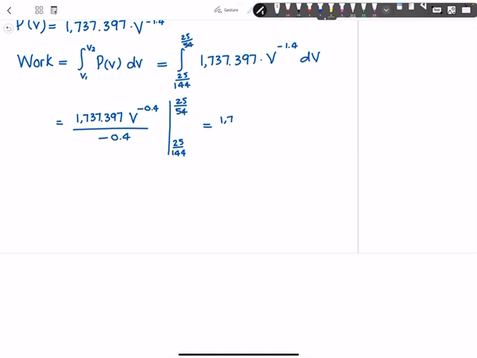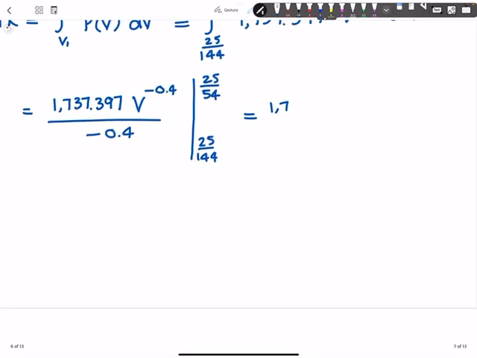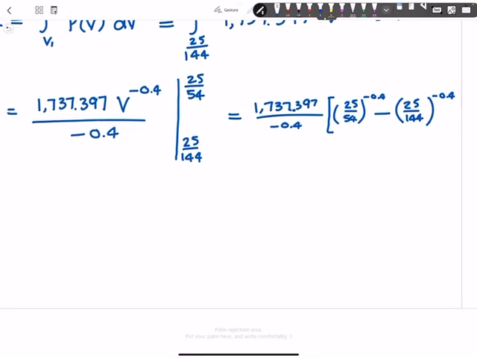So I get 1,737.397 divided by negative 0.4, times plug in top minus plug in bottom: 25 over 54 raised to the power negative 0.4 minus 25 over 144 raised to the power negative 0.4.